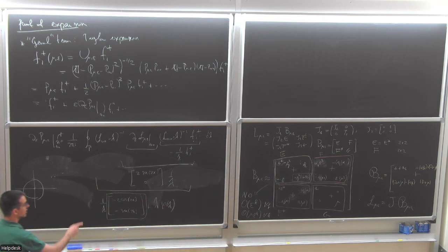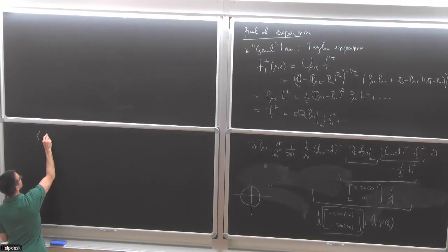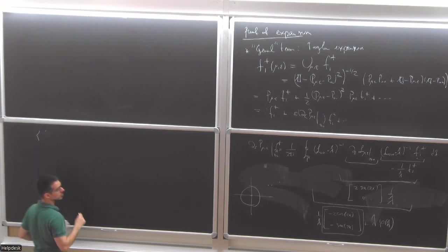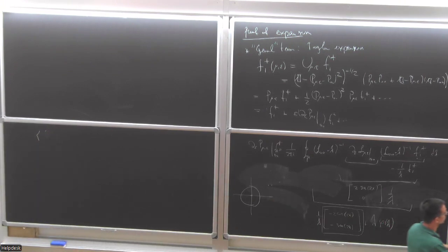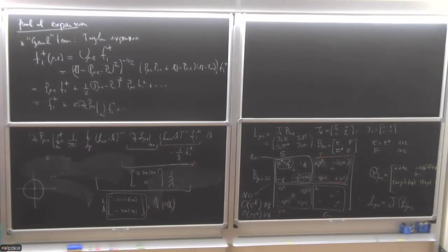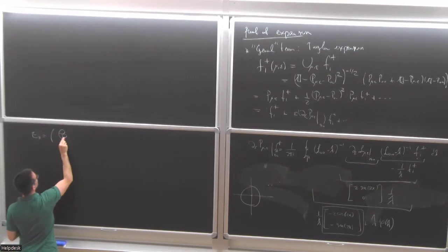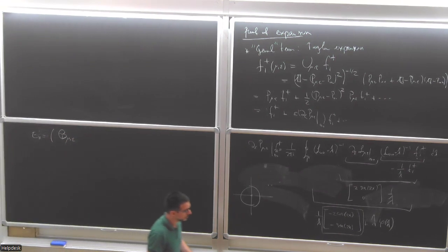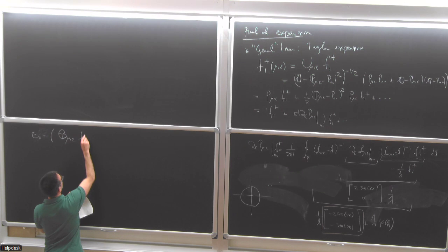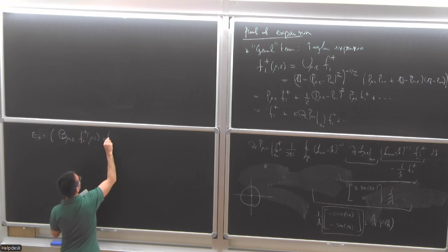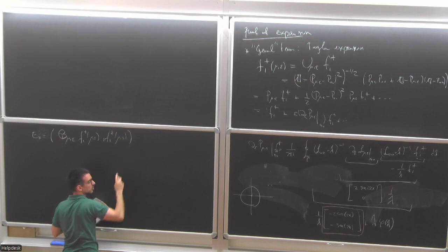Remember this entry, which we quantified precisely. Let me call it E_{11}, and E_{11} is given by the scalar product between the operator B_{\mu\epsilon} and f_1 plus of \mu\epsilon.